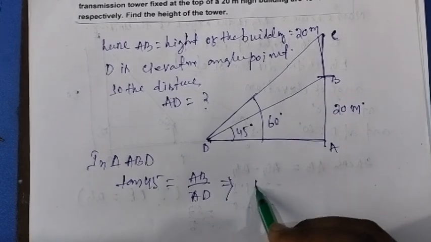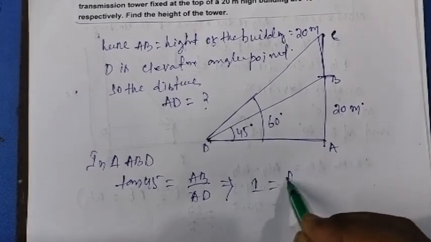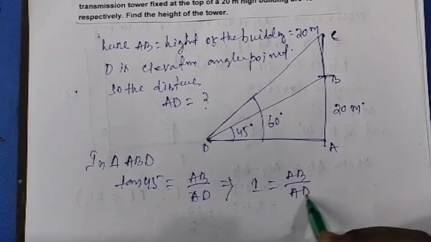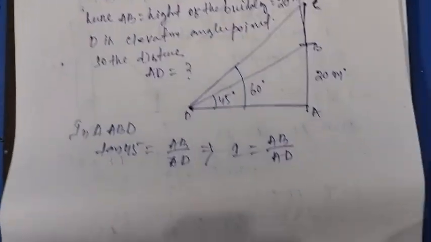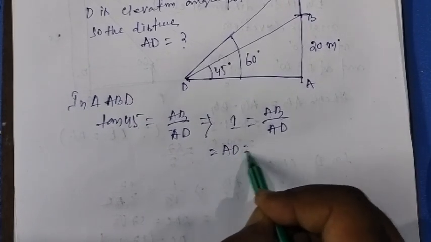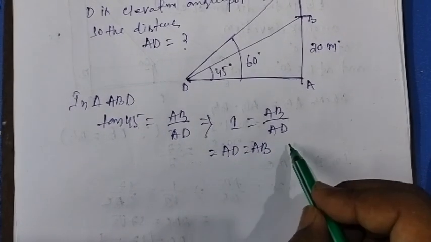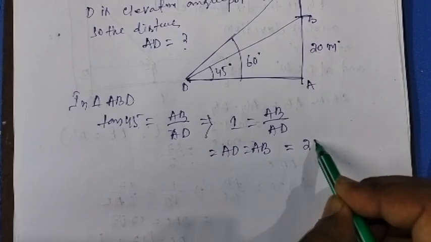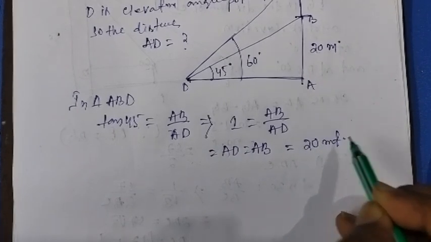The value of tan 45 is equal to 1, that is AB by AD, or implies AD is equal to AB, that is equal to 20 meter.